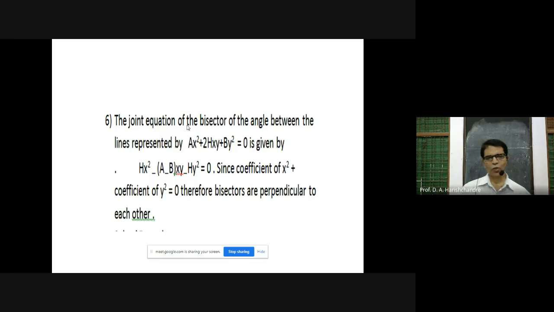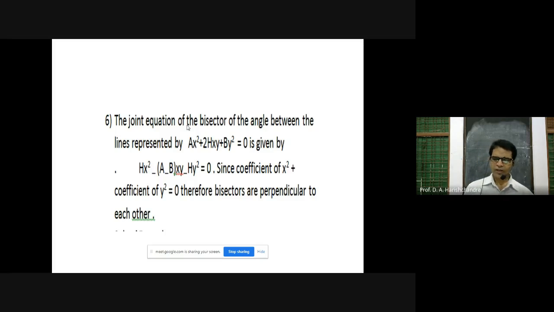Actually, ax square plus 2hxy plus by square is equal to 0 is the joint equation of the two lines passing through the origin. If we take the bisectors of those two lines, we have to obtain the joint equation of those bisectors, and it is given by this formula: hx square minus (a minus b) into xy minus hy square is equal to 0.